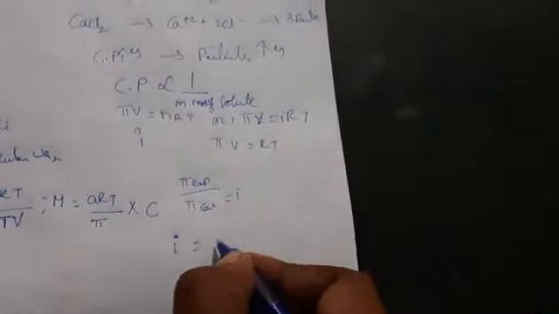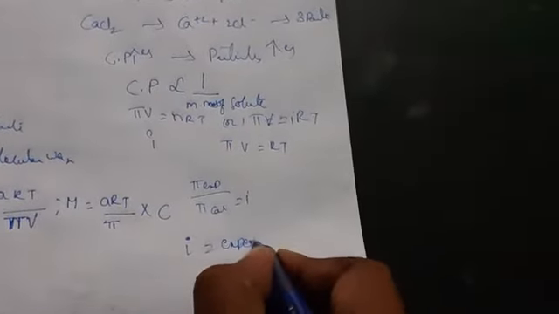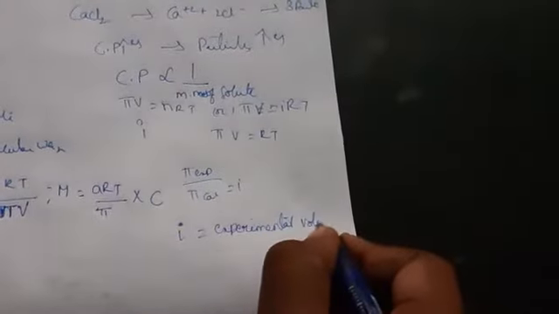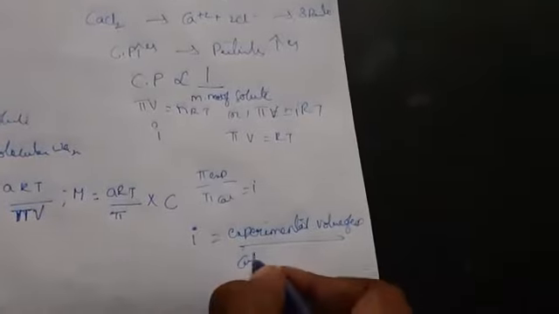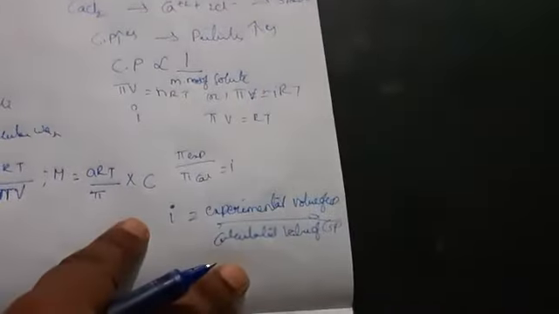So i is equal to the experimental value of the colligative property divided by the calculated value of the colligative property. If you do an experiment, you get one value; if you do a calculation, you get another.